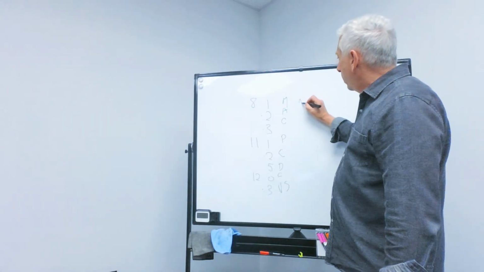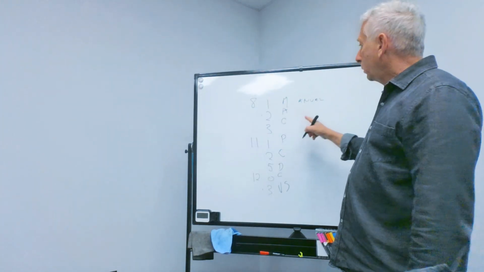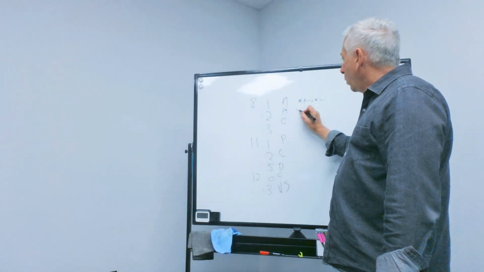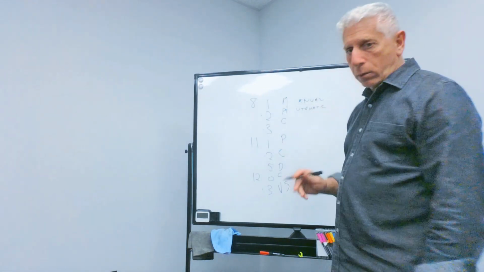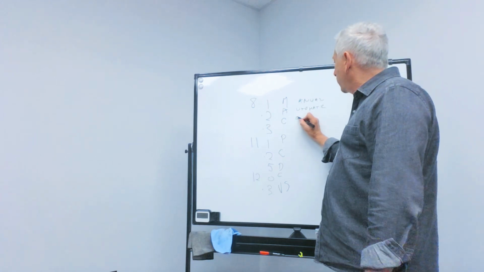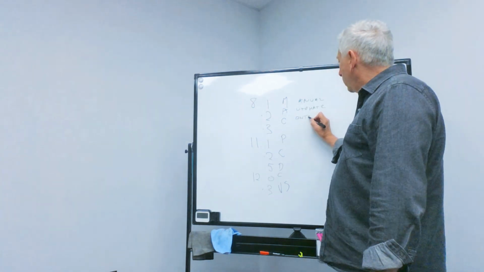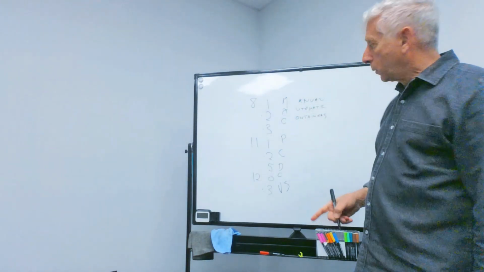M, manual sampling. A, automatic sampling. C, containers, which containers I'm going to use for sampling.